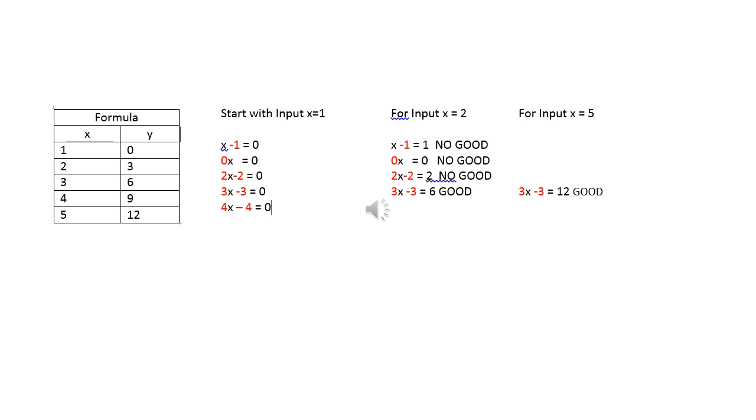So if we take the input being 5, we've got 3 times 5 is 15, minus 3 is 12, and that is good. So now we know the formula 3x minus 3 works for 3 different inputs, gives us the right outputs. So let's just take a risk and say that's good enough, we're done.